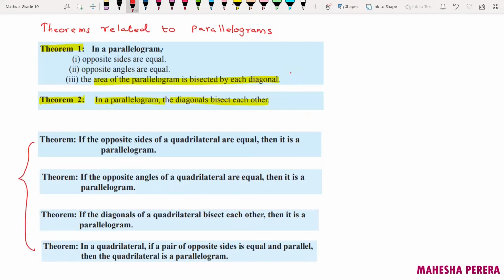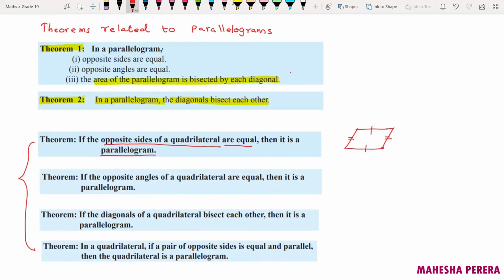For example, if you take the first one, it says, if the opposite sides of a quadrilateral are equal, then it is a parallelogram. Let's say you are given a quadrilateral, and you are given that this quadrilateral's opposite sides are equal like this, that means this quadrilateral is a parallelogram.